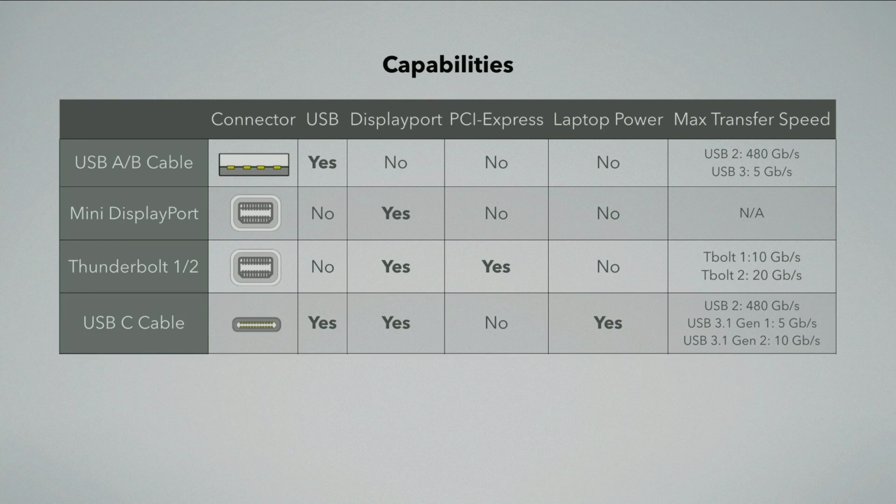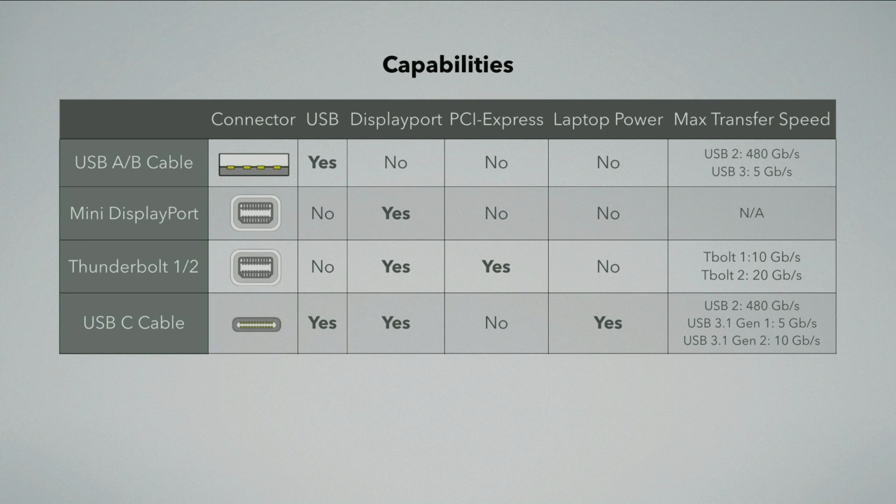Then we have the USB-C cable, which I mentioned takes a USB cable and adds DisplayPort and enough power to power a laptop. And it also adds in USB 3.1 Gen 2, which gives you twice the speed of traditional USB 3. Right?